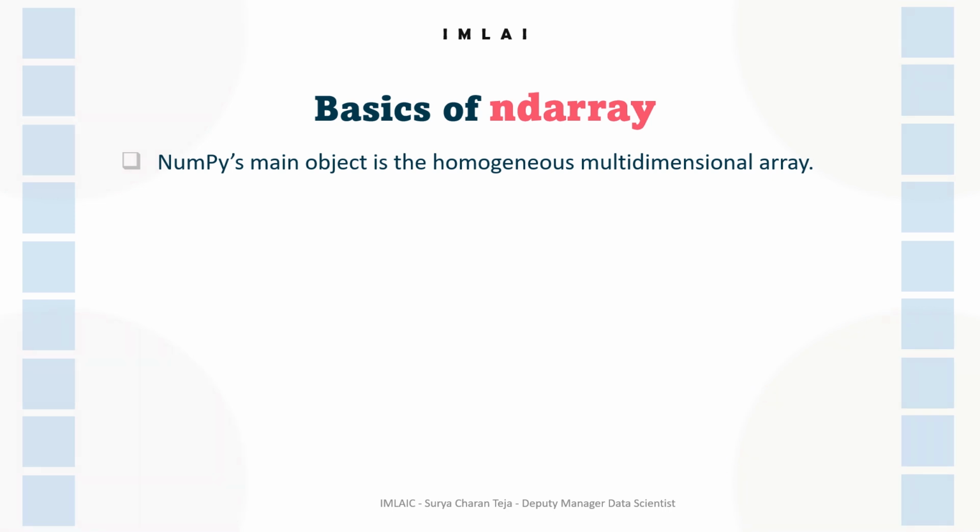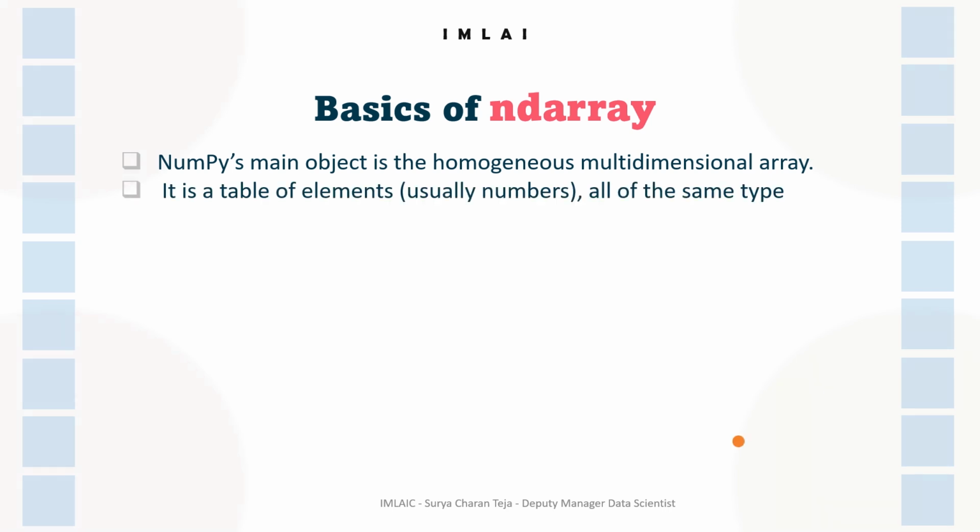This multi-dimensional array is a table of elements, usually numbers, but these are all of the same type. And this multi-dimensional array can be indexed by a tuple of non-negative integers.